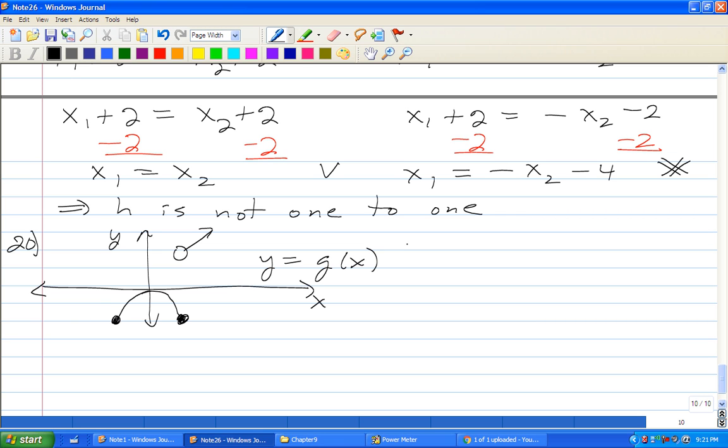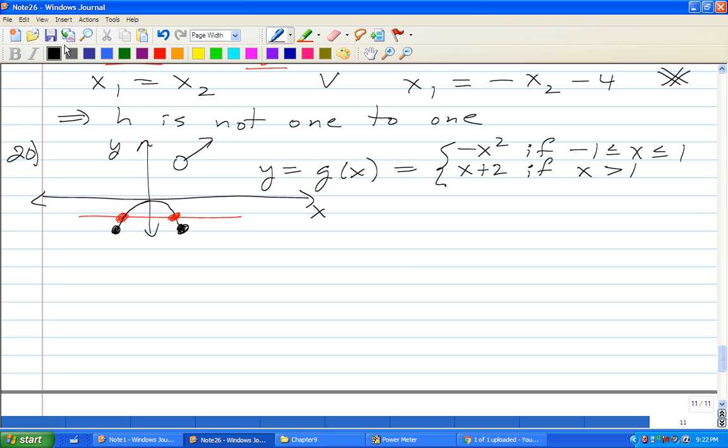Okay, and g of x is negative x squared if x is between negative 1 and 1, and it is x plus 2 if x is greater than 1. Okay. And so, let's do this. Well, suppose I use the following horizontal line. If I use that horizontal line, I see that this intersects the curve in more than one location. So therefore, this does not pass the horizontal line test.